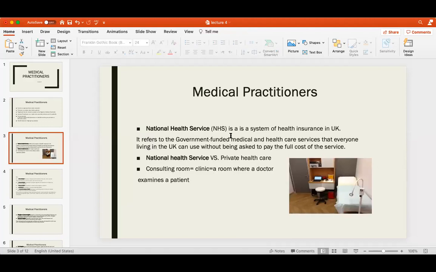It refers to the government-funded medical and healthcare services that everyone living in the UK can use without being asked to pay the full cost of service. So, the National Health Service provides medical service for very low fees. All right. In contrast to the private health care.